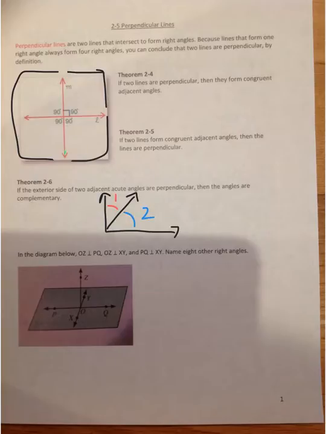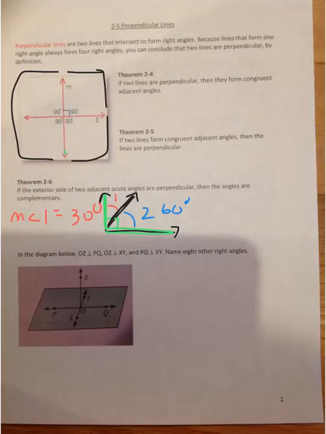If the exterior sides are perpendicular, then angle 1 and angle 2 are complementary, which means they have to add up to 90 degrees. So if this one is 60 degrees, the complement of 60 would mean that angle 1 will measure 30 degrees, because the exterior sides right here of two adjacent angles, and they're adjacent because they're right next to each other. So that's what theorem 2.6 is.